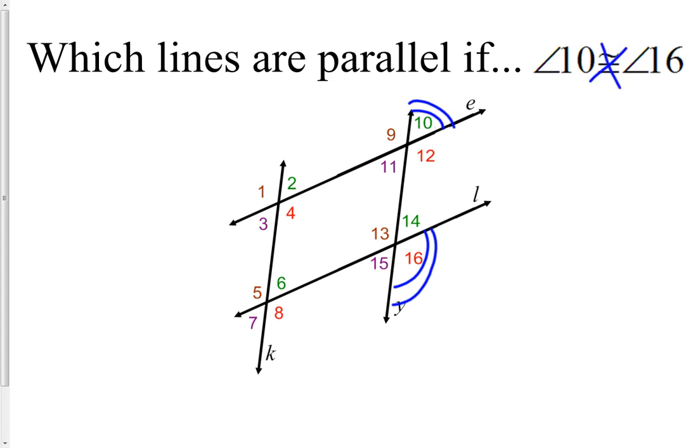So we can't prove anything about any parallel lines up there. In fact, more than likely they're not parallel if 10 is congruent to 16. So this one, which lines are parallel, we can't prove that any are. None. Okay? There's no such relationship for consecutive exterior angles being congruent. That's not one of our proofs for proving lines parallel.